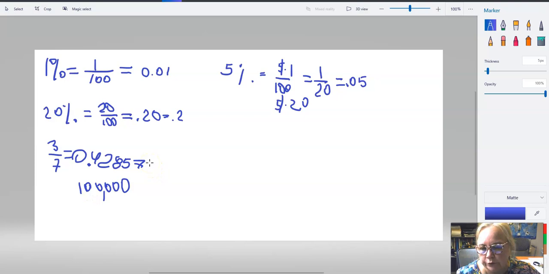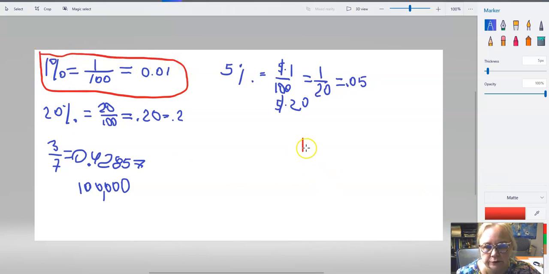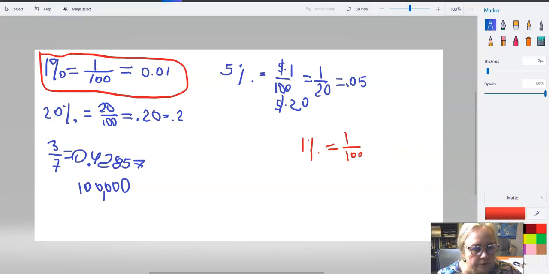Now we convert into percent. As I mentioned above, 1% is 1/100. Now this is the definition of 1%. What happens if I multiply, and let me choose a different color, the left and right side by 100?